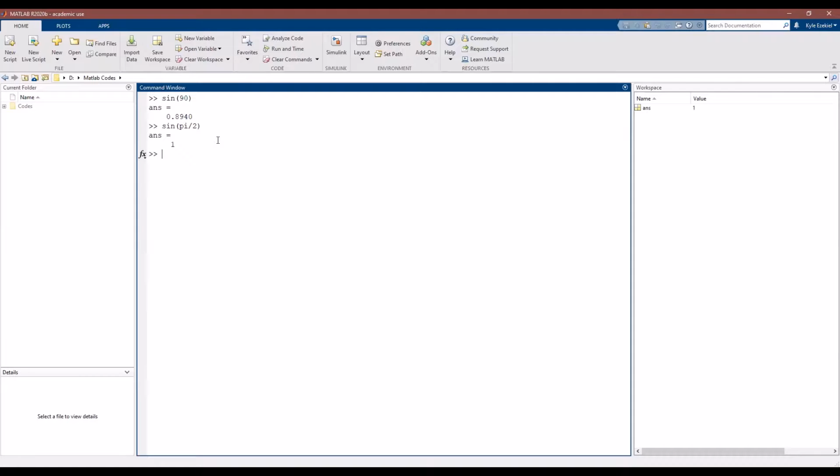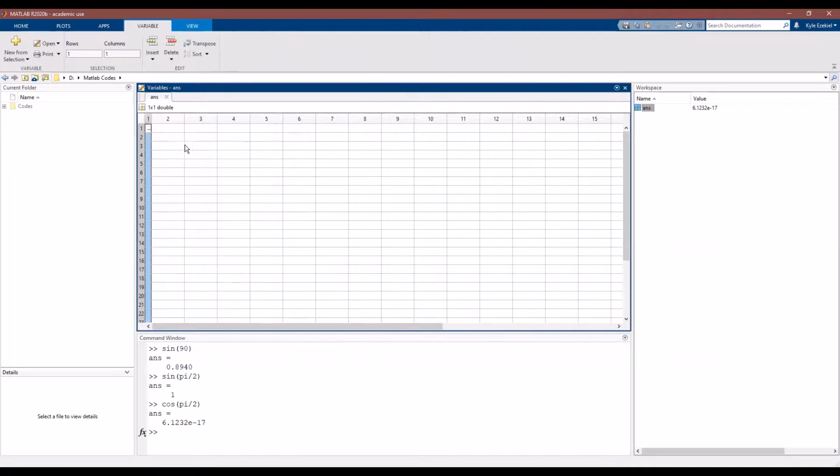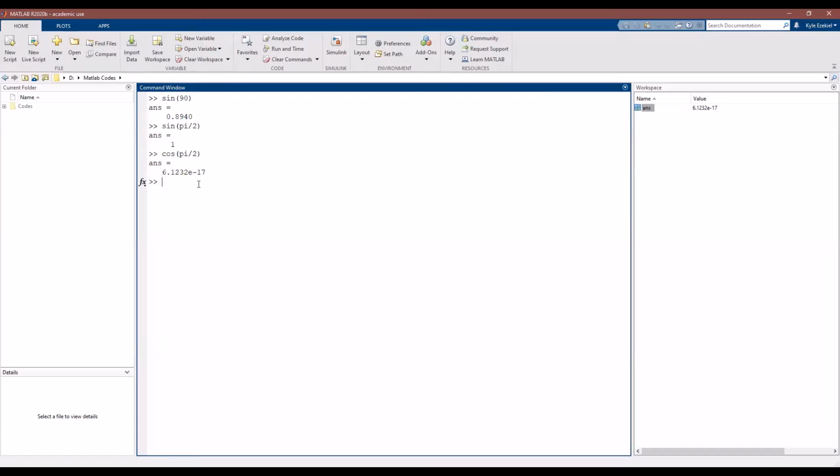Okay. So let's just say cosine pi over 2. Okay, so that is basically 0. It's just a short expression that would lead to 0.